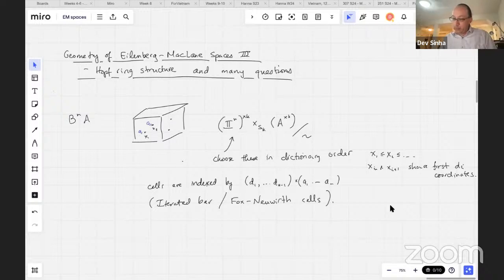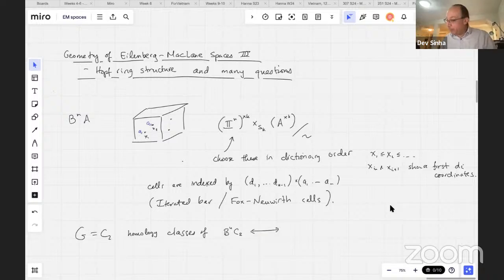Okay. And then for G equals the cyclic group of order 2, our homology classes of this B^nC_2 are in one-to-one correspondence.